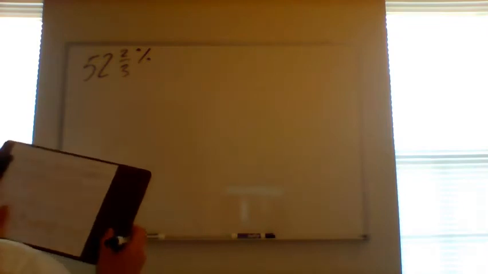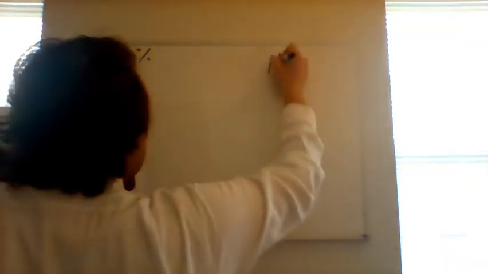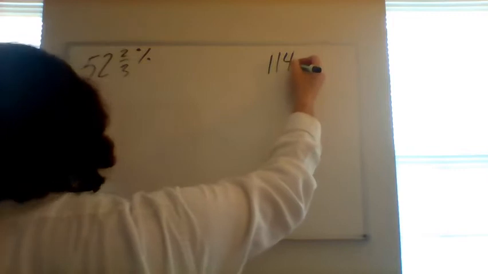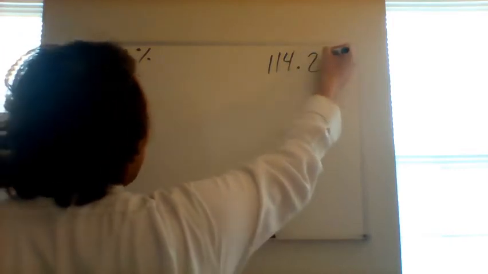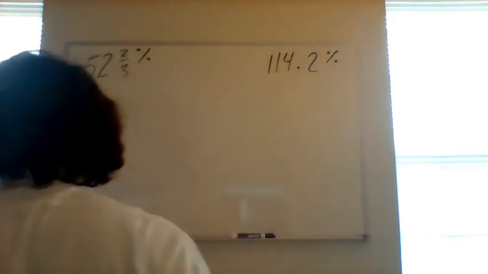The first one I want to try together is, what do we do when we have a mixed number that's a percent? And then what if we have one that's over 100%? So we've got two things to do here.